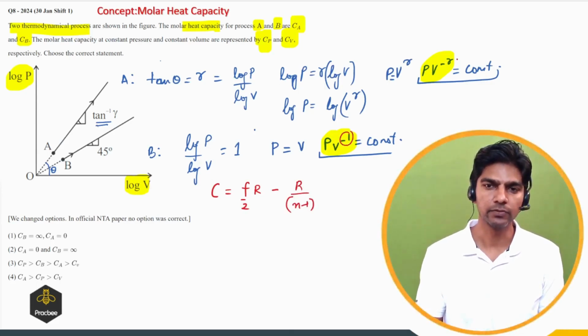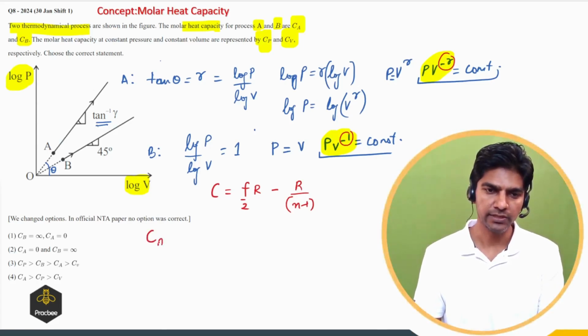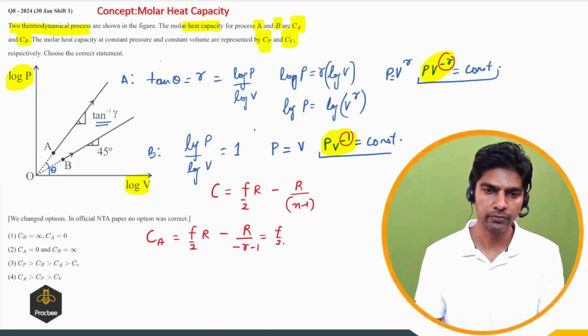Here we have minus 1, here we have minus gamma. So the molar heat capacity in process A will be f by 2 times R minus R divided by minus gamma minus 1. This can be written as f by 2 R plus R upon gamma minus 1.